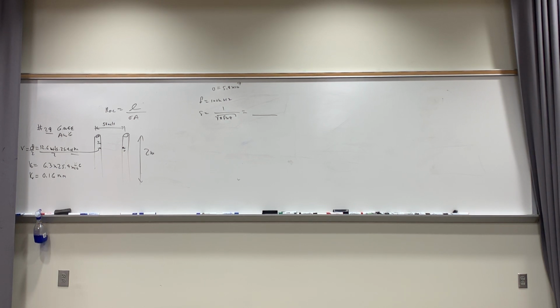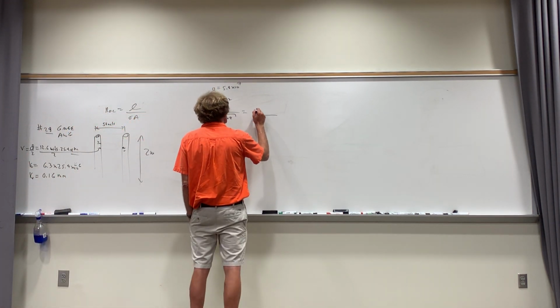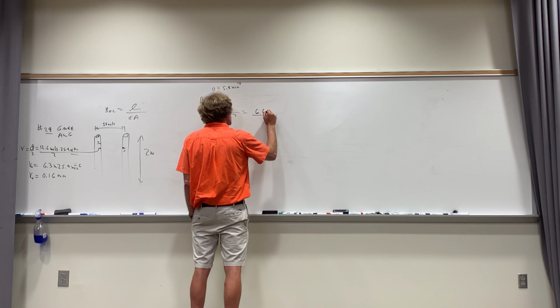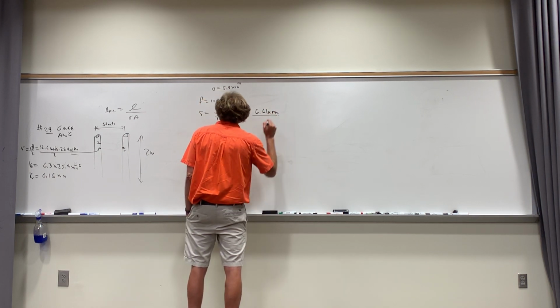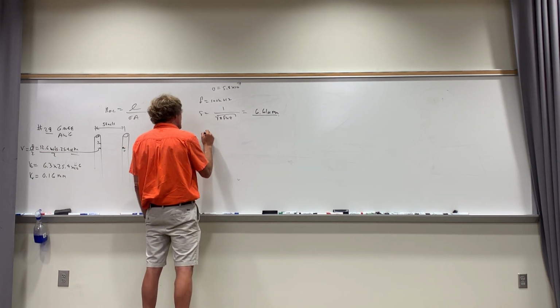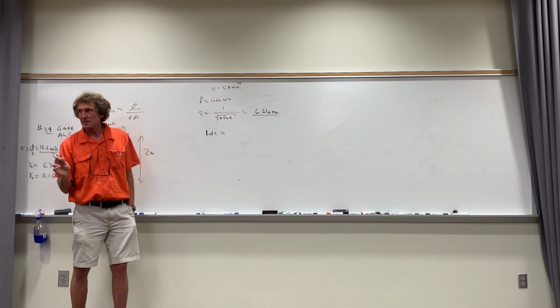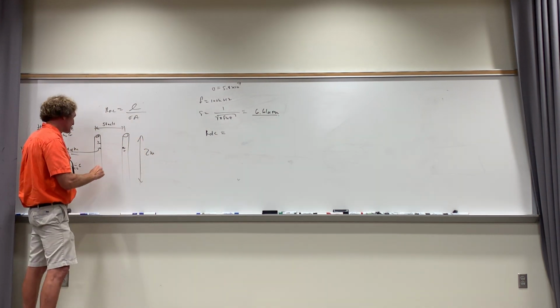You got 6.6 micrometers. Anybody confirm that? Skin depth. Now if we're going to talk about the resistance, you have to understand there are 2 wires, class. So they're talking about differential mode.